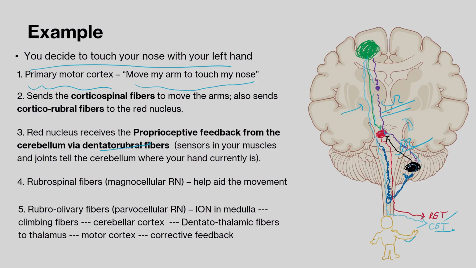The fibers are the dentatothalamic fibers. As you can see, the dentatothalamic fibers arise from the cerebellum and ascend through the red nucleus. So this is how the movement is occurring. The gross movement is occurring with the help of the corticospinal tract. The fine tuning is occurring through the rubrospinal tract.